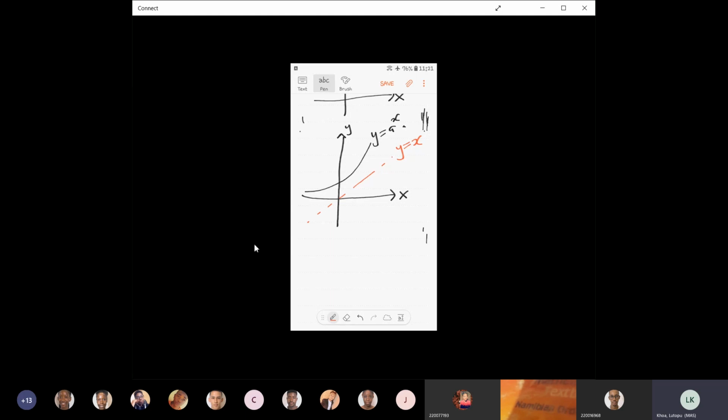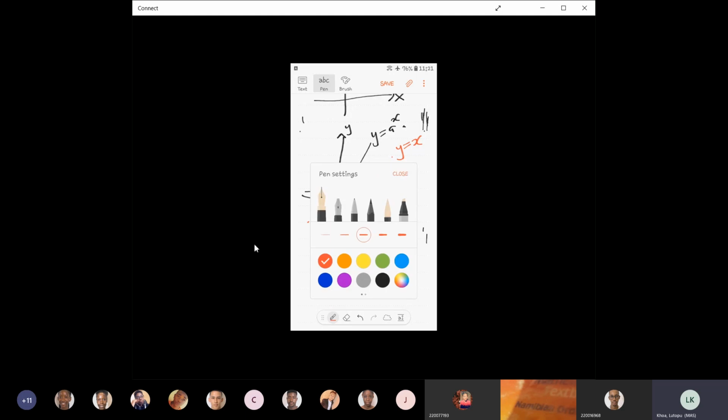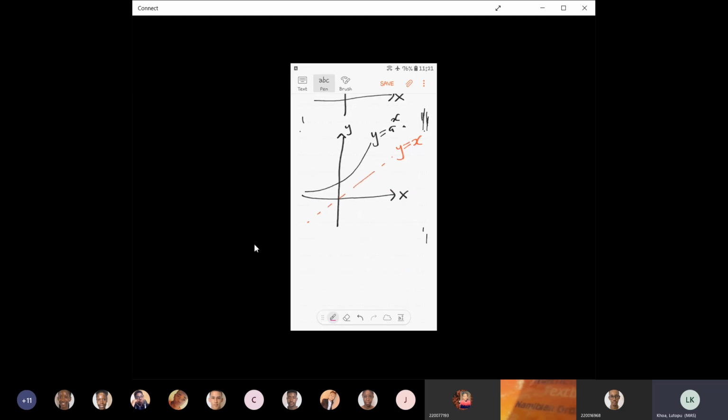So this line y is equal to x will act as a mirror. So you draw a reflection. I'm sure from high school you did how to draw reflections. Now we know this point here is always equal to 1. So when I reflect it with my mirror over there, it will reflect on the point 1.